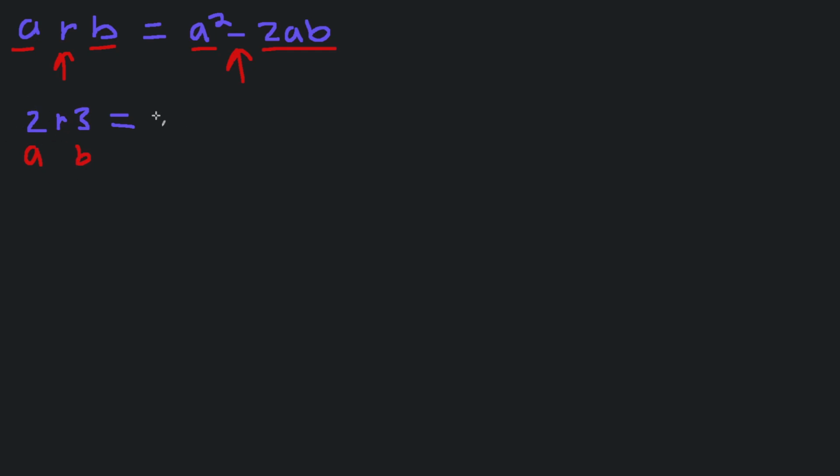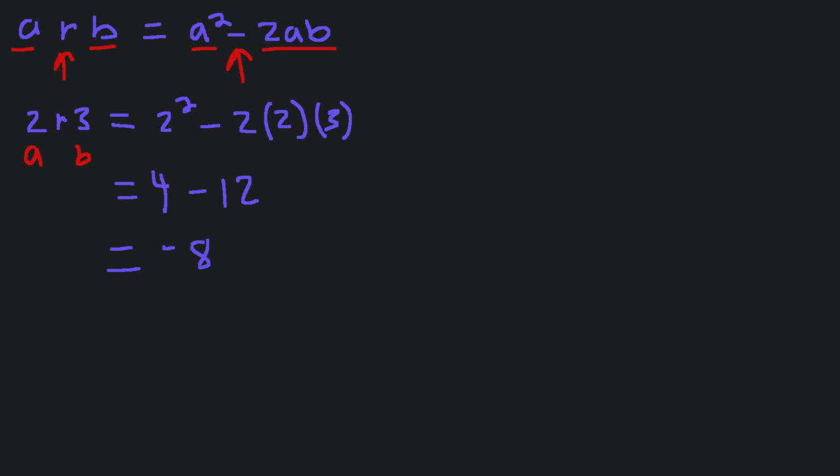So that'll be 2 squared minus 2, and I'm getting that from up here, times a, and my a here is 2, and then times b, and my b is 3. Okay, and then I'm going to simplify that. So 2 squared is 4, minus 2 times 2 times 3, which is 12. And that equals -8.